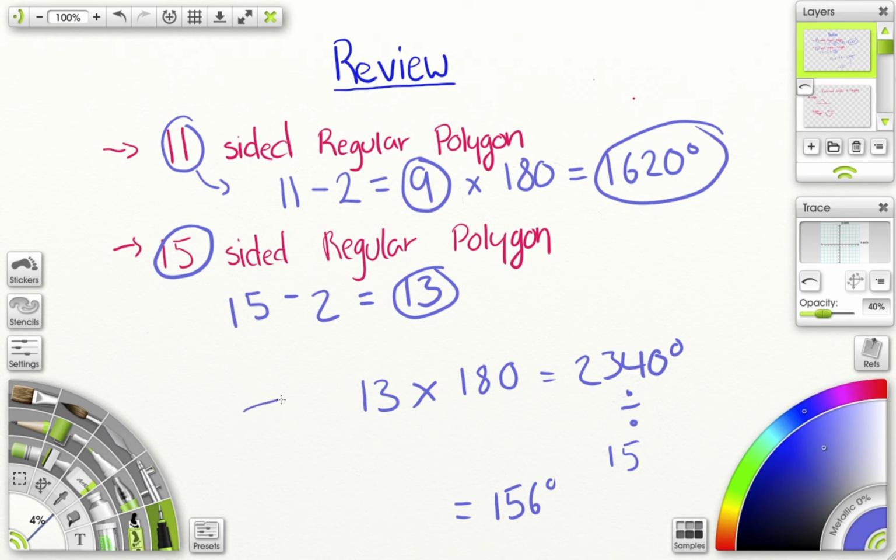So if I have a 15-sided shape, each angle would be 156 degrees. And that only works for regular polygons. So this only works if every side of that polygon has the same length. So it means if one side's 2 centimeters, they all have to be 2 centimeters. All right, and that's our review.